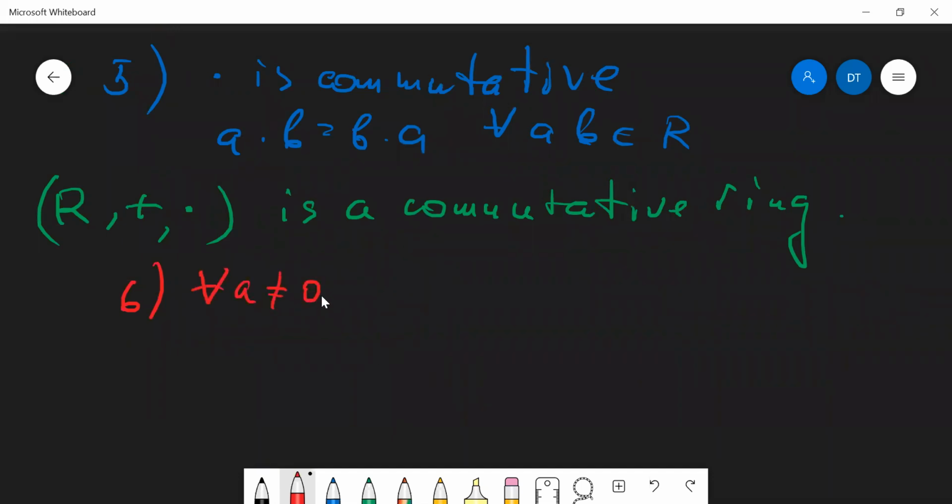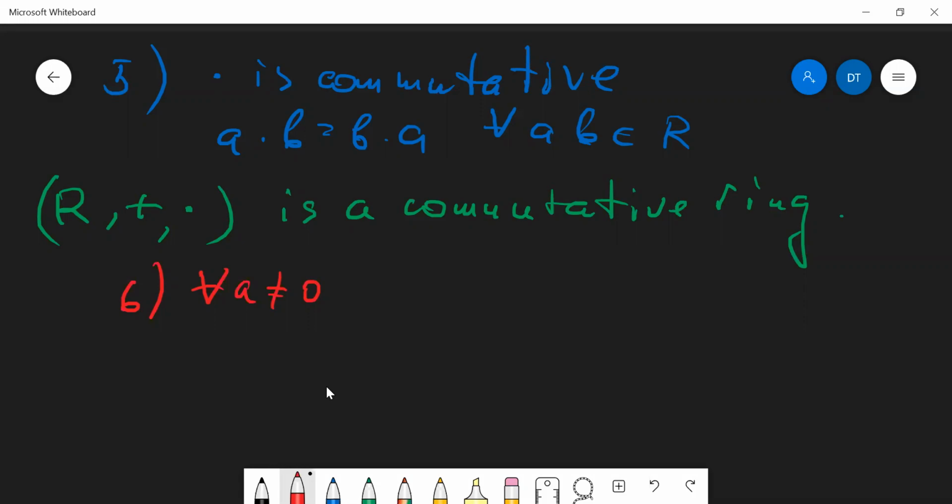Here, 0 is the name for the neutral element with respect to addition. So if every non-zero element is invertible, invertible here with respect to multiplication. So let me formulate it precisely.